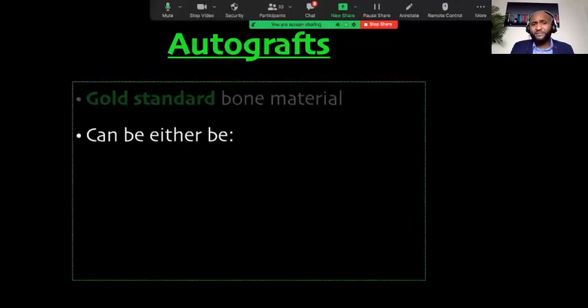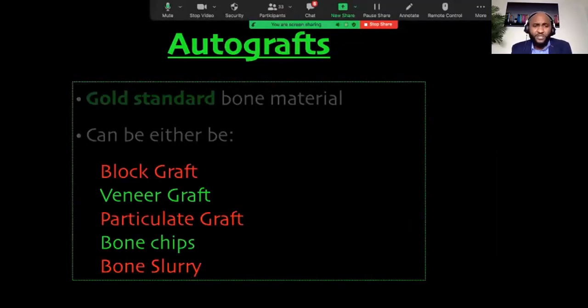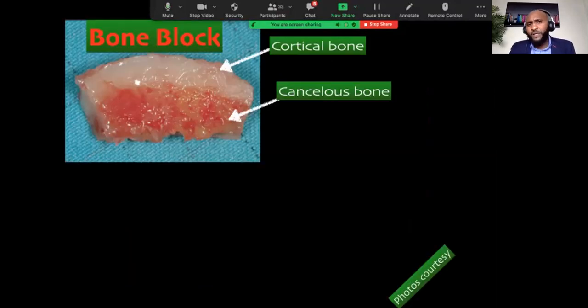And when you harvest, you can either harvest a patient's bone as a block, a veneer, particulate form, bone chips, or bone slurry. So this is a bone block, for instance, harvested from the chin or the retromolar area. So when you harvest, you'll then harvest both the cortical and the cancellous bone. That's a block. A veneer would be, for example, only the cortical portion.